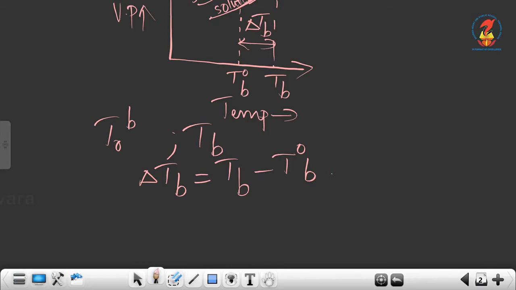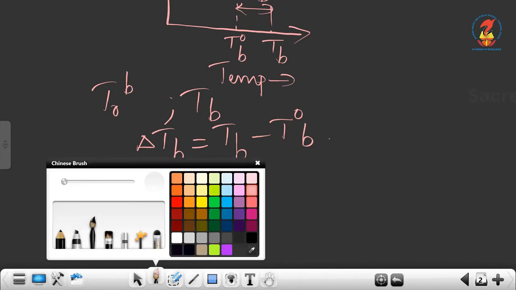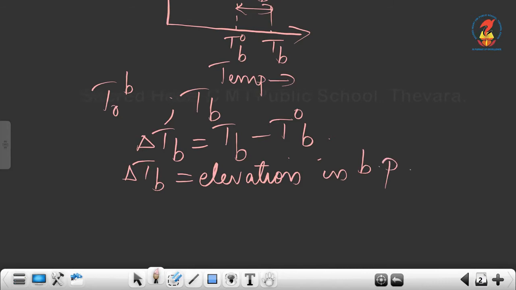And we know that when a non-volatile solute is added, the boiling point of solution increases compared to the boiling point of pure solvent. So it is TB minus T0B, and this delta TB is called elevation in boiling point.